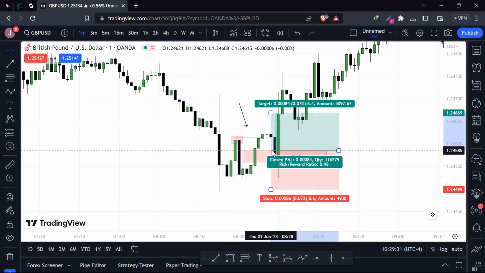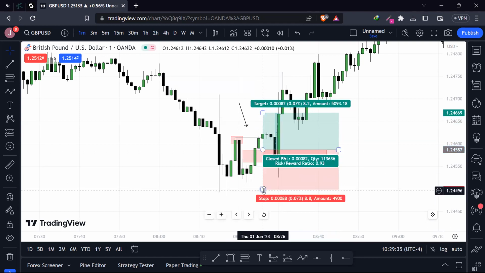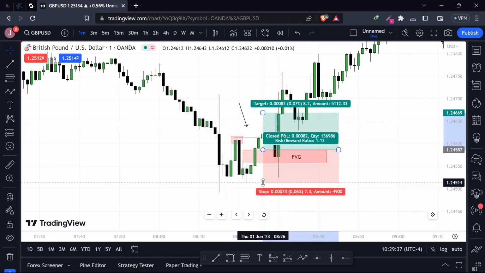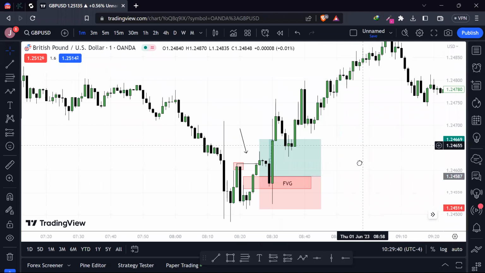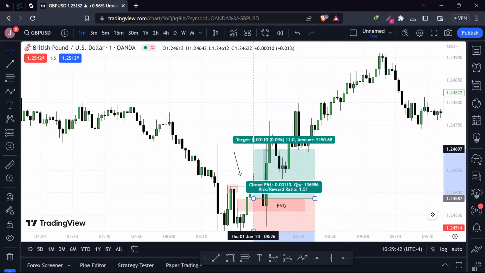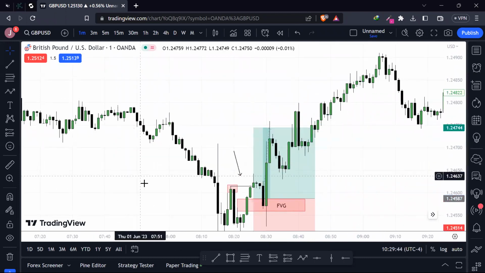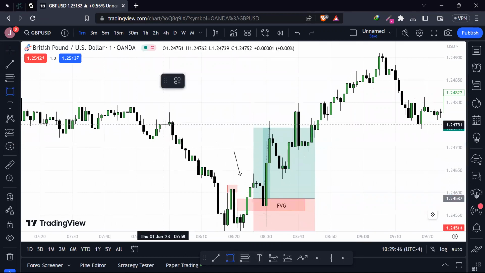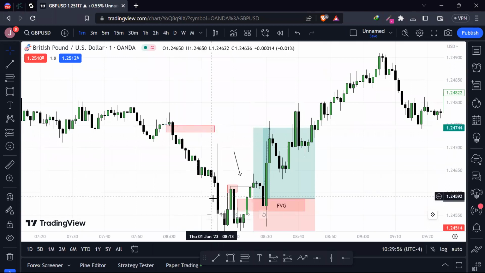We trade in the fair value gap right here, with the stop loss here, and take profit all the way to the first imbalance. So the first imbalance is here. Can you see the first imbalance? The price has not given opportunity to the buyers here when it's coming down.